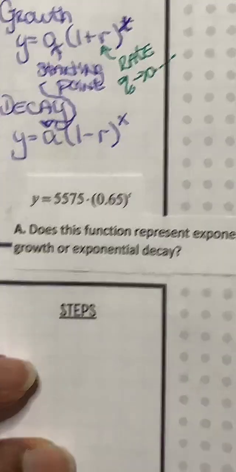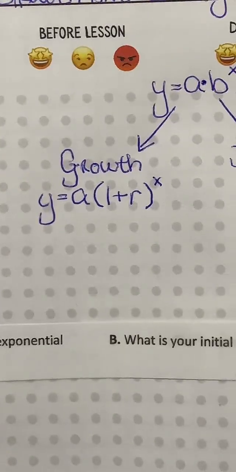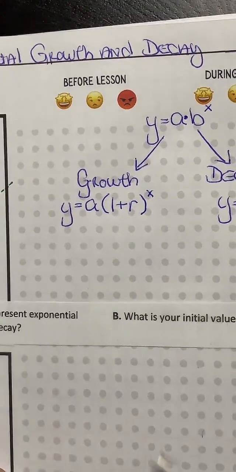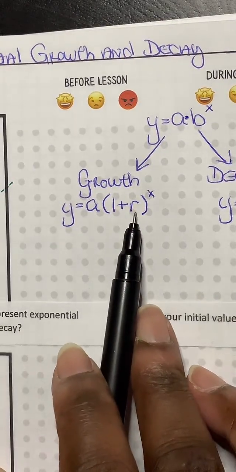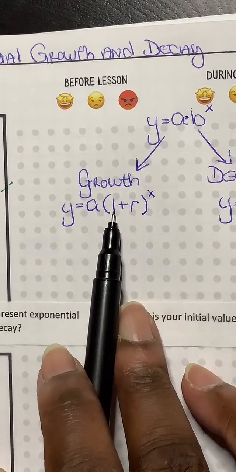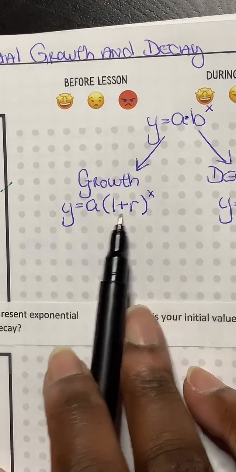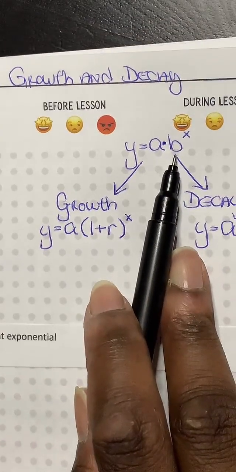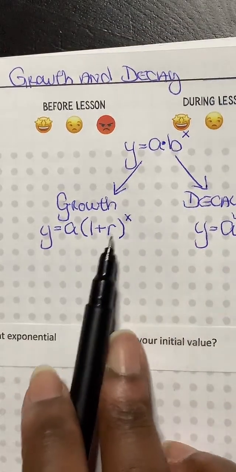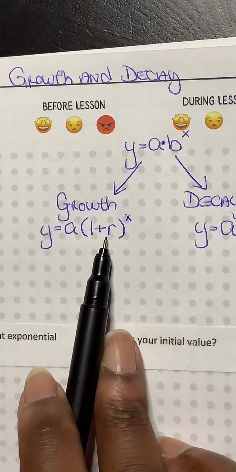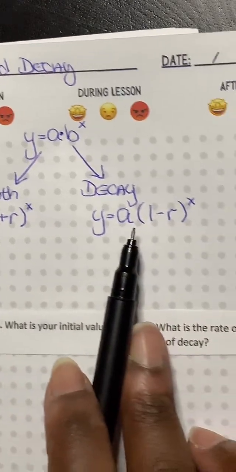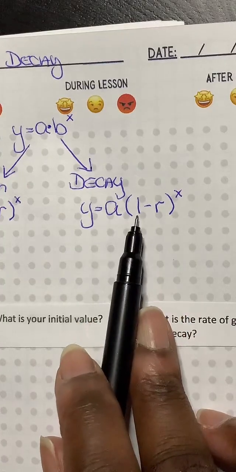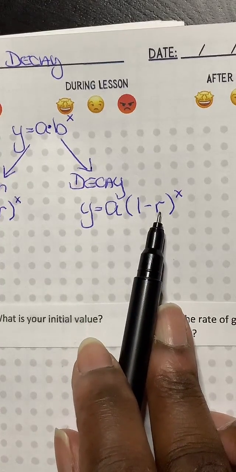Okay. Think about it. If I'm supposed to add the rate to 1 for growth, obviously my answer that's going to be representing my b spot is going to be bigger than 1. Whereas for decay, I'm doing 1 minus the rate.